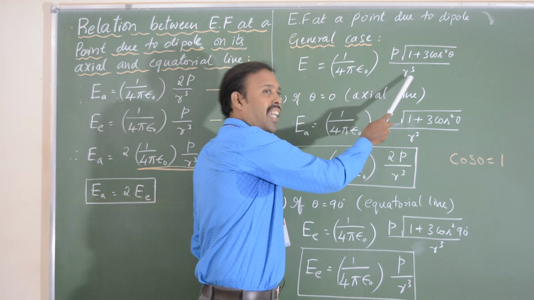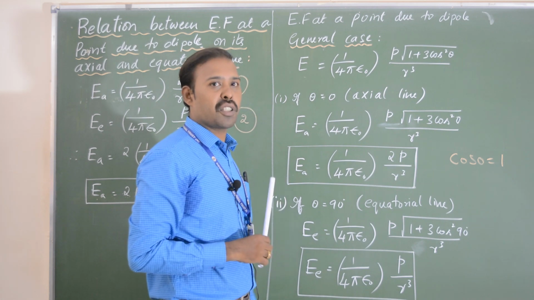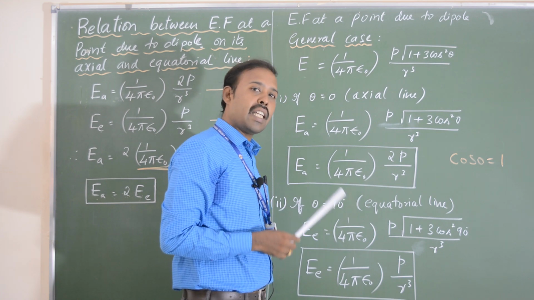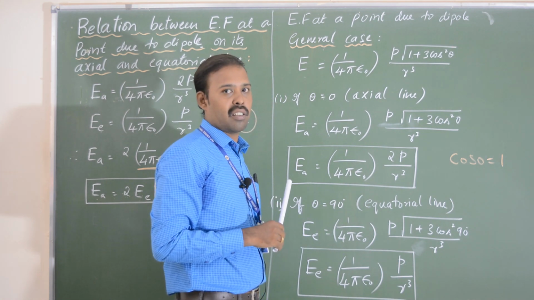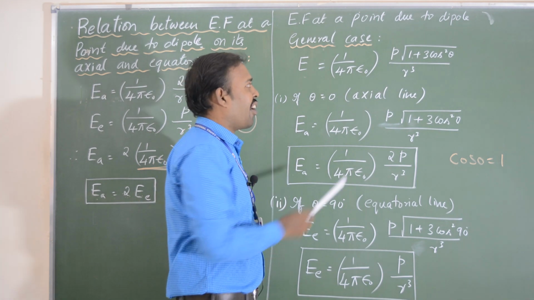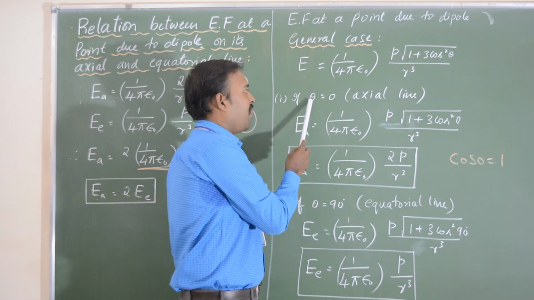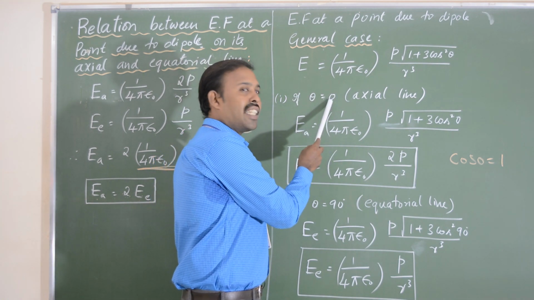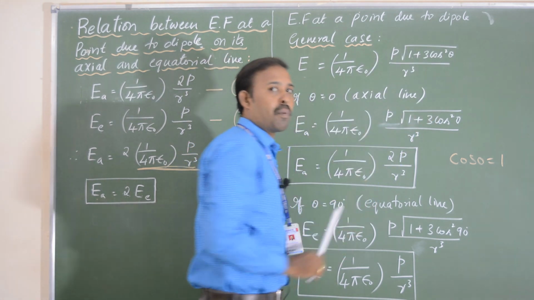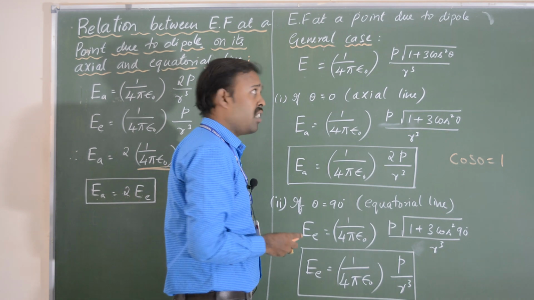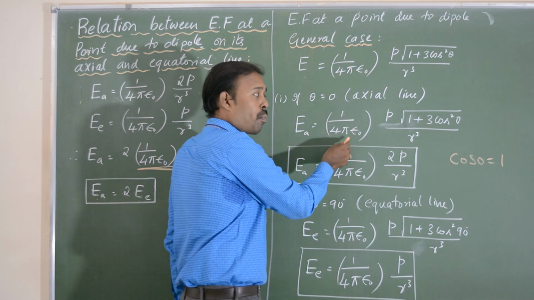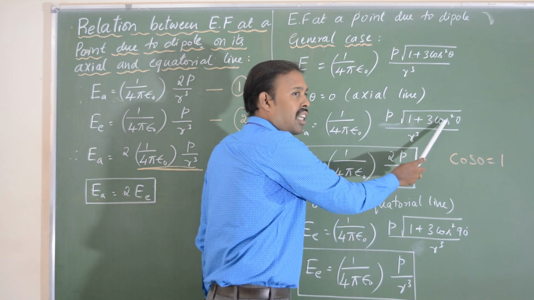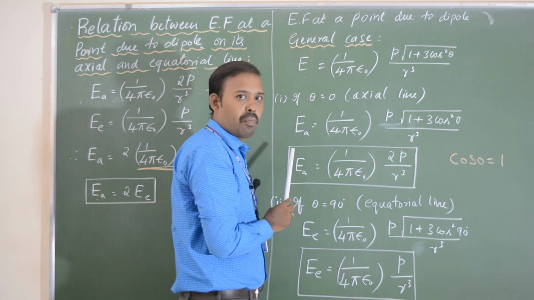Using this general case, I will derive an expression for the electric field at a point due to a dipole on an axial line and an equatorial line. We know that on an axial line the angle theta is equal to 0, right? So I substitute theta is equal to 0 in this expression. E is equal to 1 by 4 pi epsilon naught p square root of 1 plus 3 cos square 0 divided by r cube.